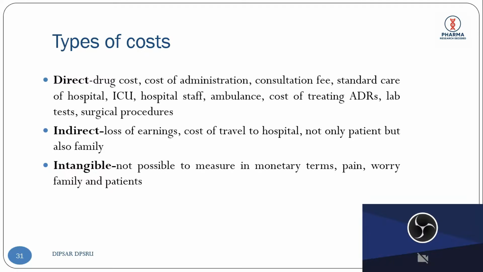There are three types of cost in pharmacoeconomic studies, so you should not be confused: direct cost, indirect cost, and intangible. Of course, when we are doing pharmacoeconomic studies, we consider direct and indirect, because intangible is something which can't be measured in monetary terms.